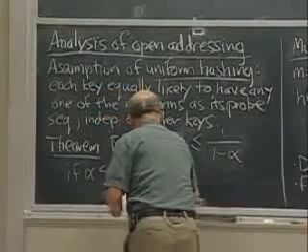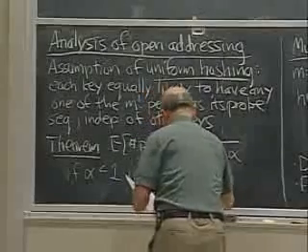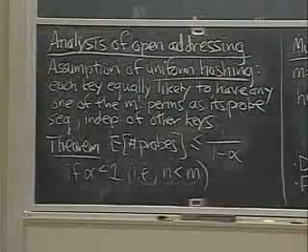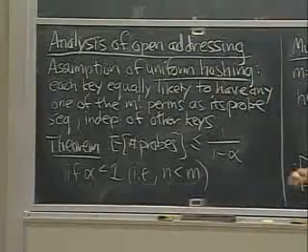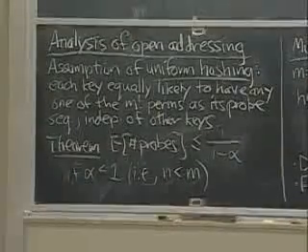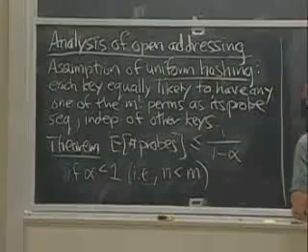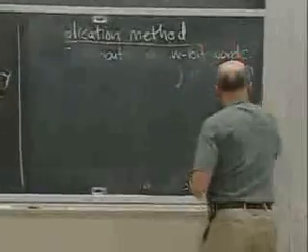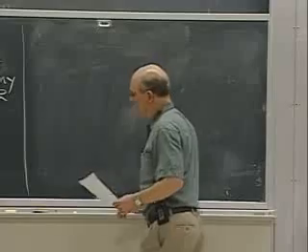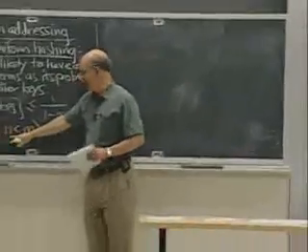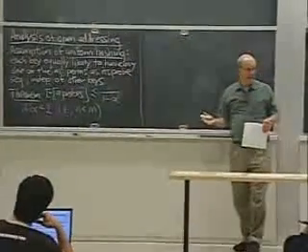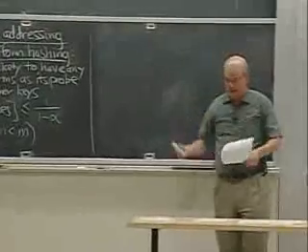That is, if the number of keys in the table is less than the number of slots. So alpha is the load factor, and of course, for open addressing, we want the load factor to be less than 1, because if we have more keys than slots, open addressing simply doesn't work. You've got to find a place for every key in the table.